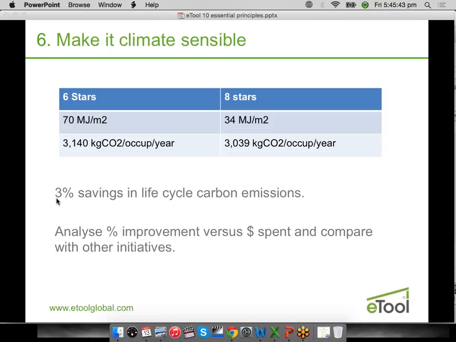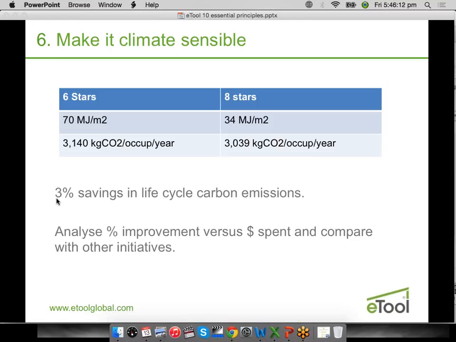So the idea with this principle is analyze the percentage improvement. So this is the dollar spent, and compare with other initiatives. If you're spending another $2,000 to get the dwelling from 6 stars to 8 stars, what other areas could you spend those $2,000 and maybe get a 10% improvement on your carbon performance?